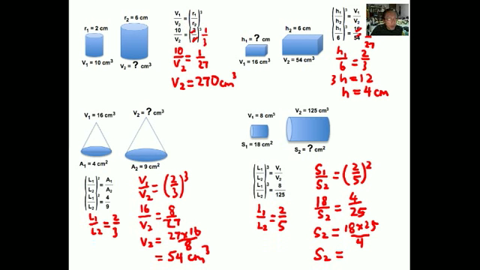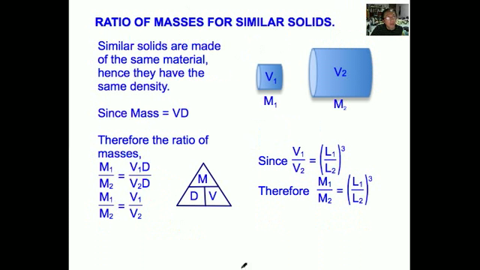Next, we take a look at the ratio of masses. Similar solids are made of the same material, and hence they have the same density. We know that mass is volume times density. Consider these two solids, mass 1 and volume 1, mass 2 and volume 2. We take the ratio of the masses, and using the formula, each mass is equal to volume times density.